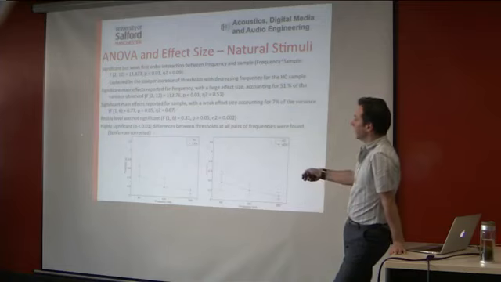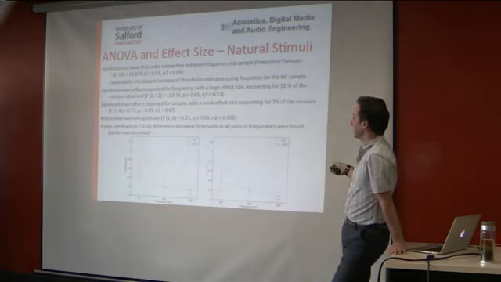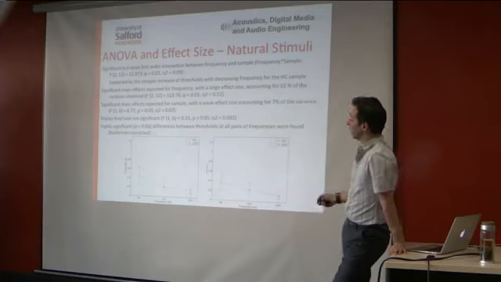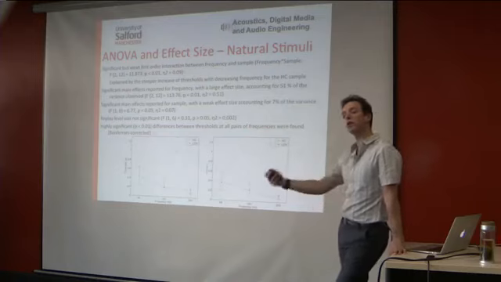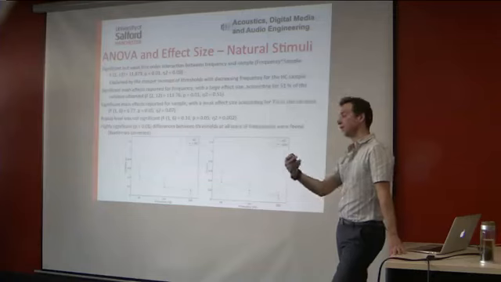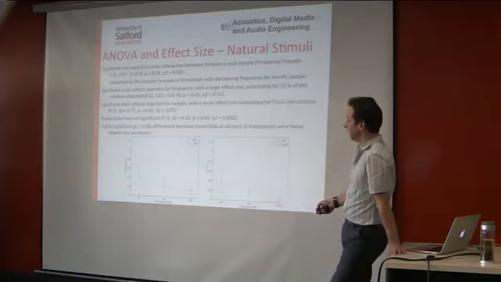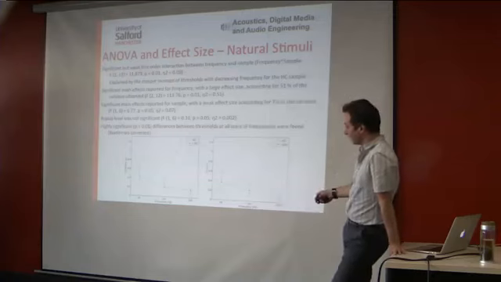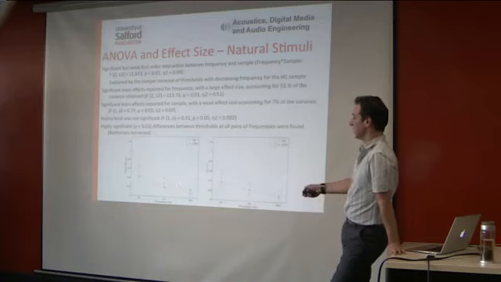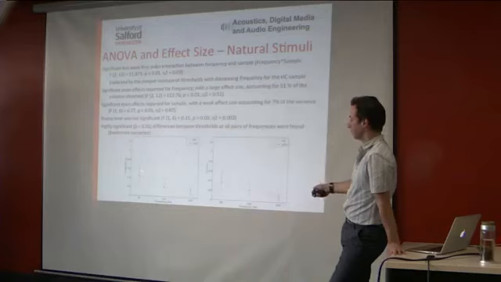We have done a paired comparison between the frequencies, and it told us that there are indeed significant differences between each of them. So it's not the case that we found with the artificial stimuli. In this case, we're finding differences between each of these frequencies. So it gives us a map of how people perceive the thresholds across this range of frequencies.